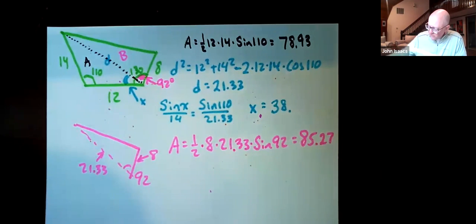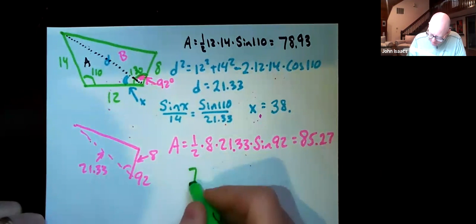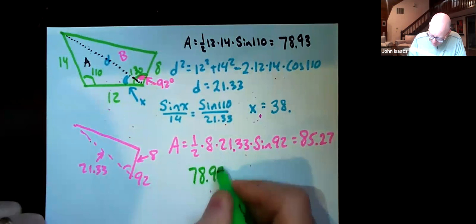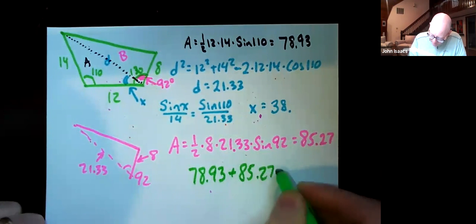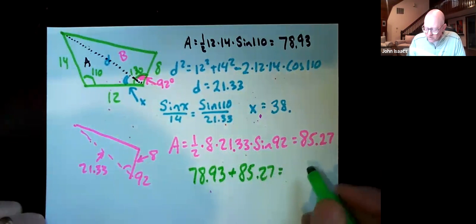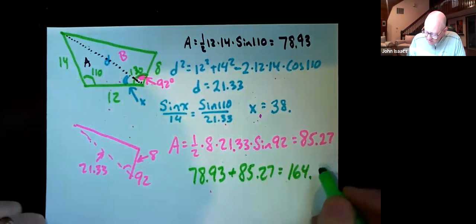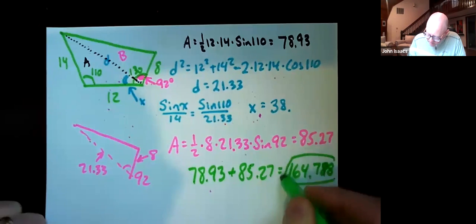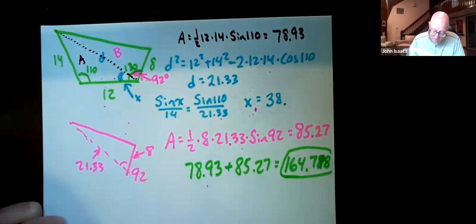And then in order to find the area of the quadrilateral, we are going to add 78.93 plus 85.27. And we are going to get our answer, 164. I got 798 for some reason. I guess I was keeping more decimal places in the calculator. 798 or 0.80.